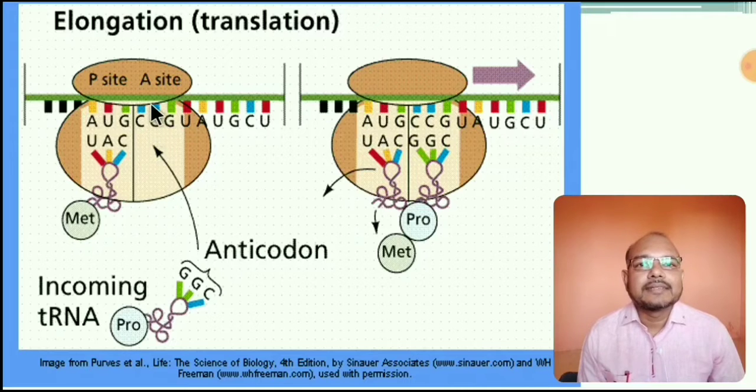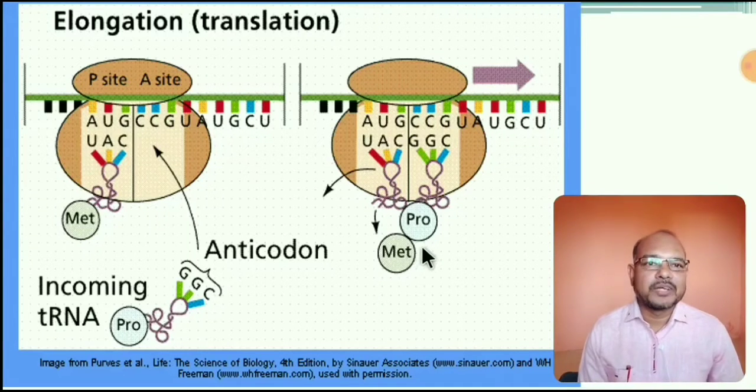When the acceptor and peptidyl sites are completed, the E site, the exit site, marks the completion of the step. The first amino acid is always methionine. In a similar process, amino acids attach one by one and form the long polypeptide chain.